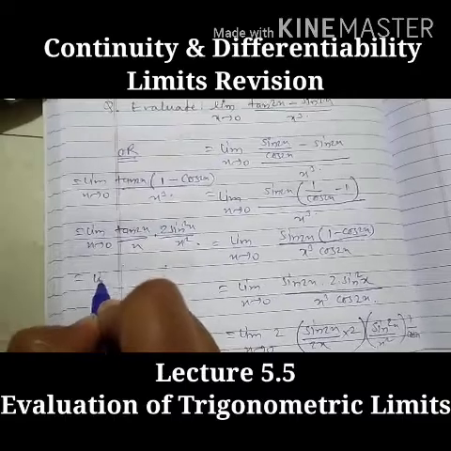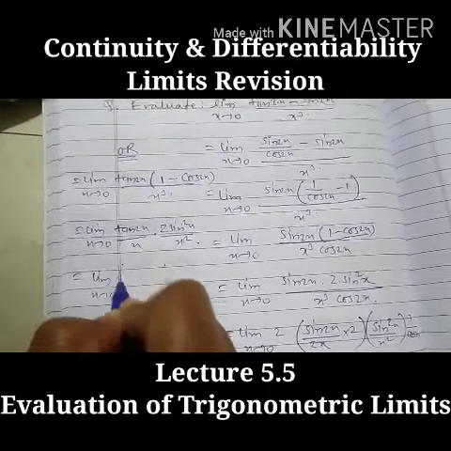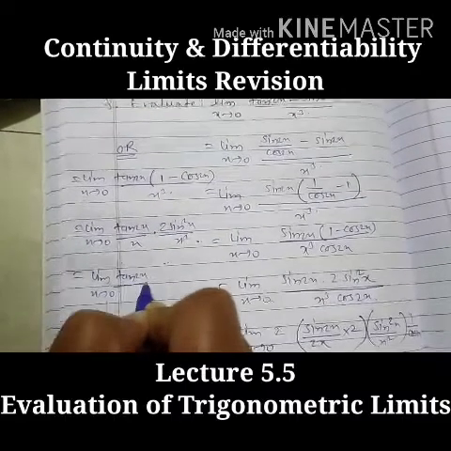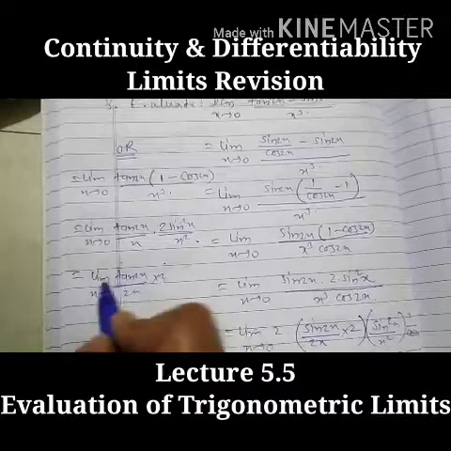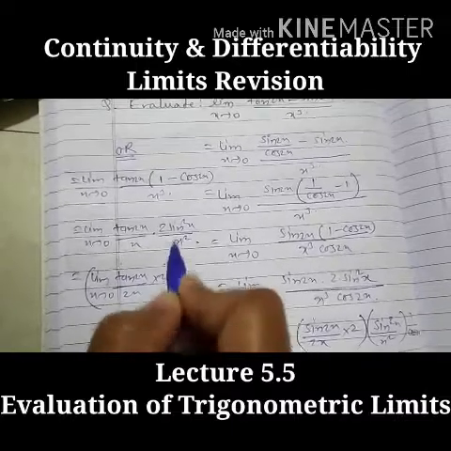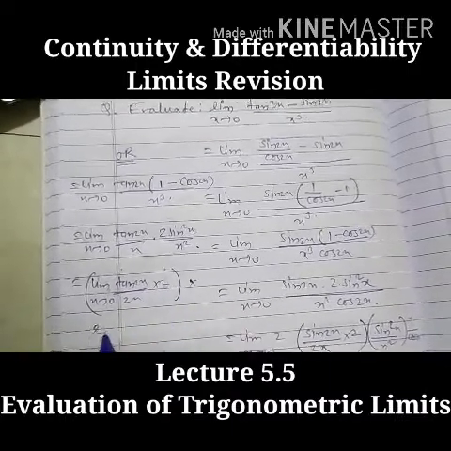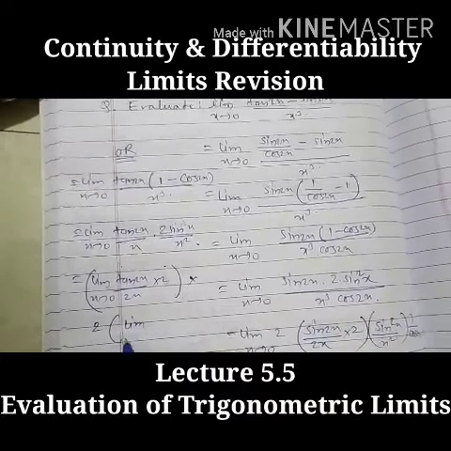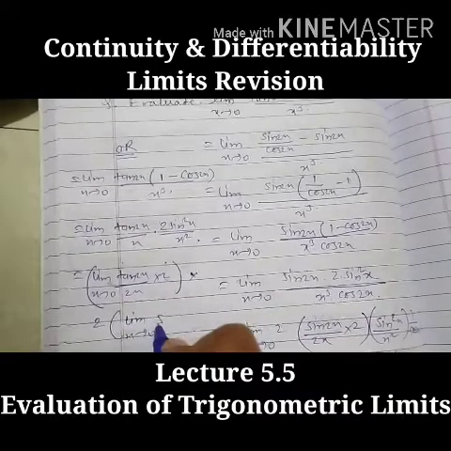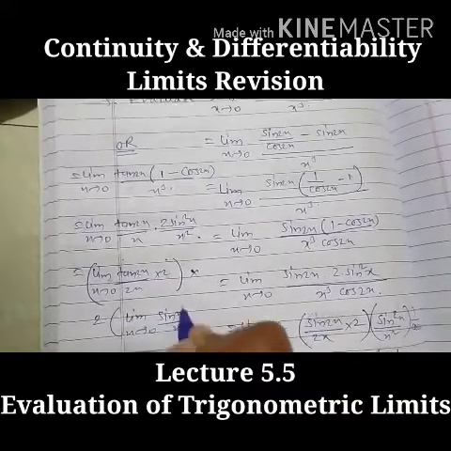So limit as x tends to 0 tan 2x upon 2x into 2. Is it balanced now? Okay, this 2 is extra, into 2 in bracket limit as x tends to 0 sine x upon x whole square.